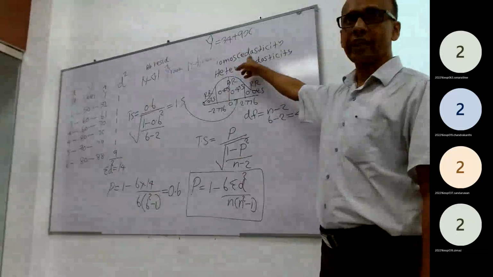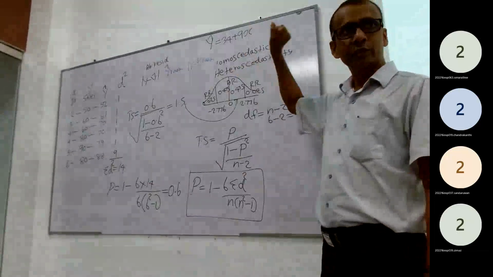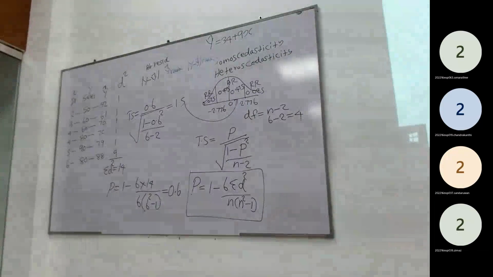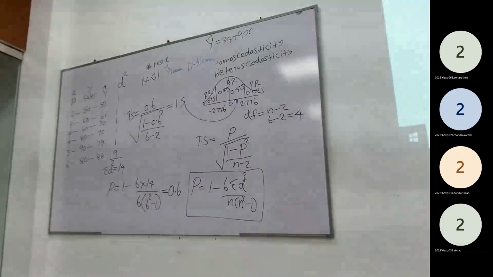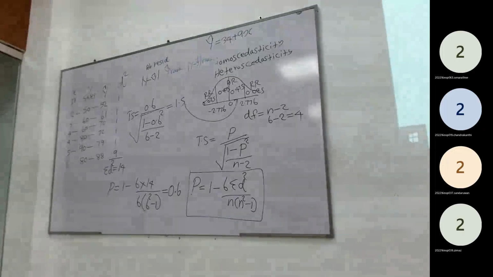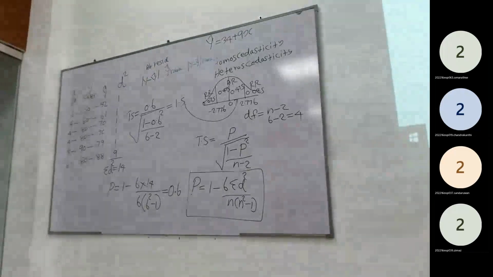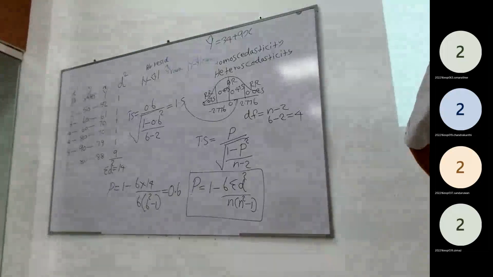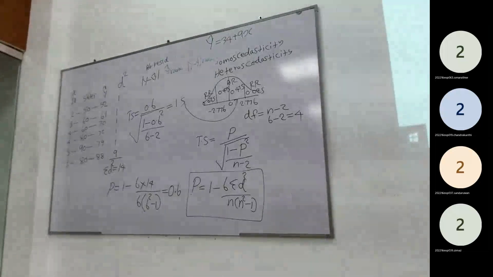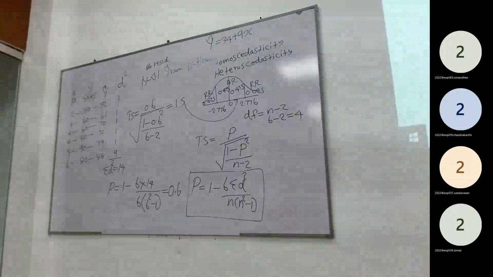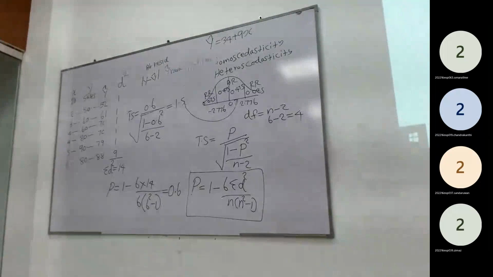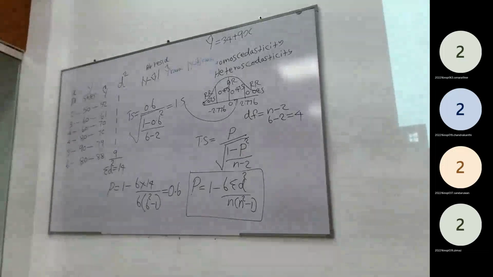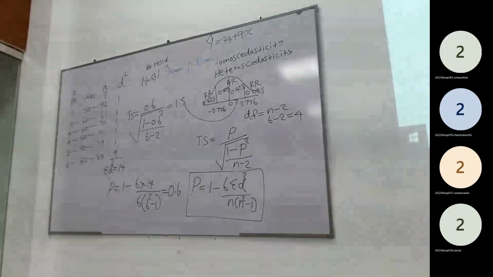Our decision: the test statistic belongs to the acceptance region, so H not is accepted, homoscedasticity. The residuals are having homoscedasticity. The model is valid.